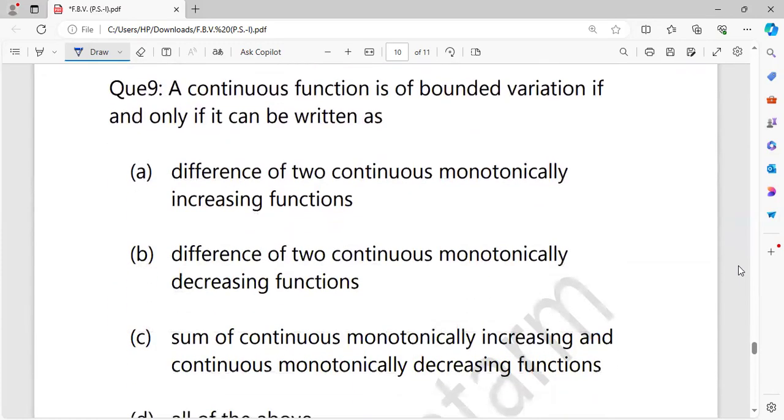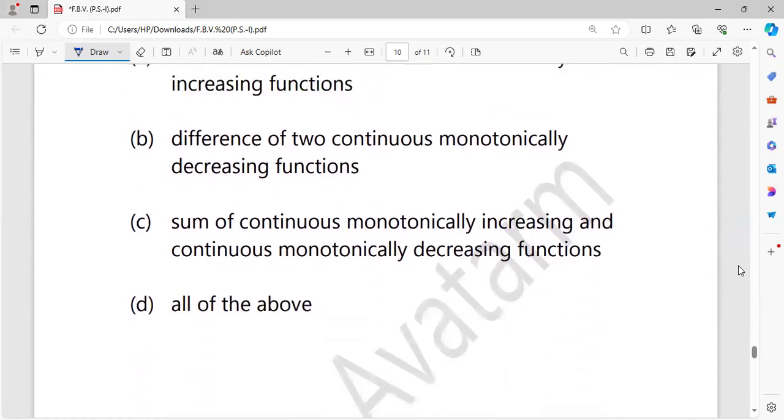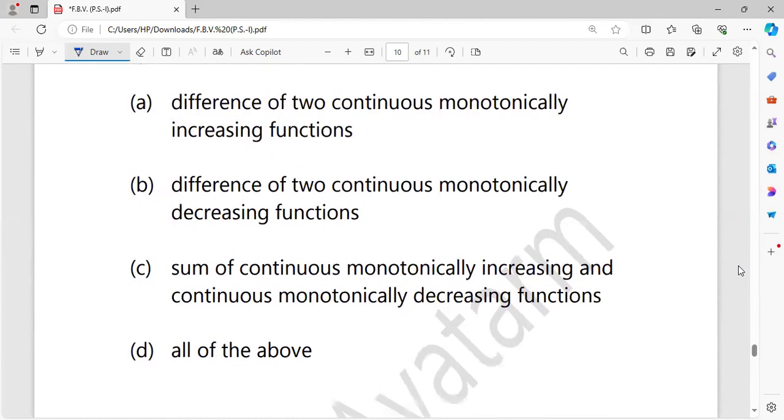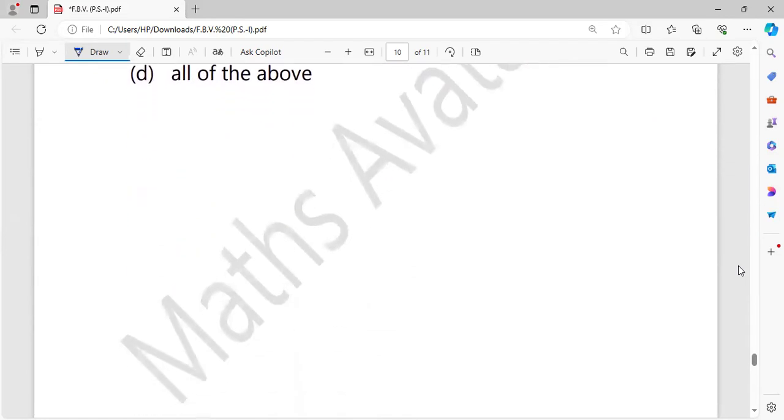A continuous function is of bounded variation if and only if it can be written as a difference of two continuous monotonically increasing functions, a difference of two continuous monotonically decreasing functions, a sum of monotonically increasing and monotonically decreasing functions. So it is easy. Why? Okay. Solution.